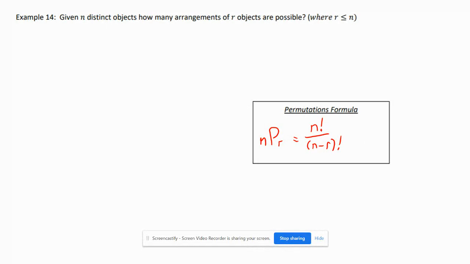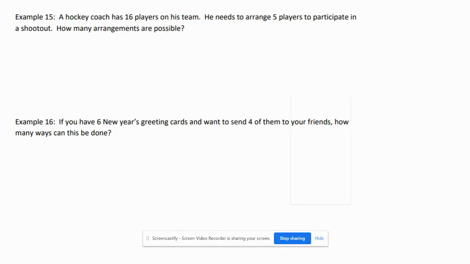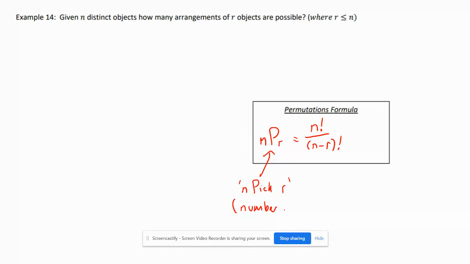Okay. So first of all, let's show what this means. This reads as n pick r. That's how we read this, n pick r, which means the number of arrangements of r objects out of a total of n objects.